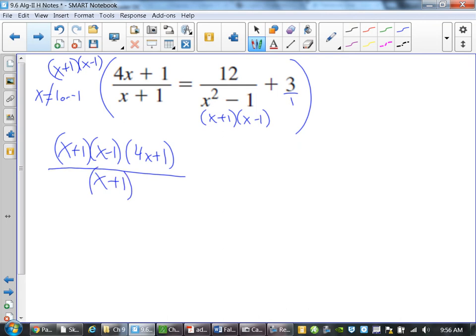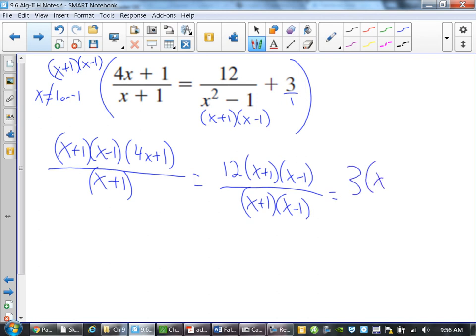The next fraction would be 12, x plus 1, x minus 1, over x plus 1, x minus 1, equals 3, x plus 1, x minus 1, all over 1. Oh, sorry, that's a plus sign there.